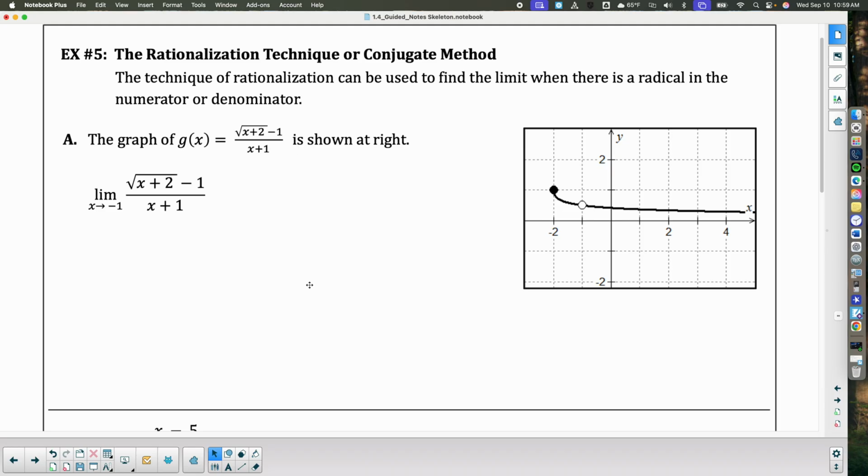Do you remember what a conjugate pair is? No. Well, that didn't take very long. Maybe you should have been paying attention for imaginary numbers too. Does everybody remember what a conjugate pair is? Oh, look at everybody. I said, who remembers imaginary numbers? And everybody's like, oh yeah, I remember that. Okay?